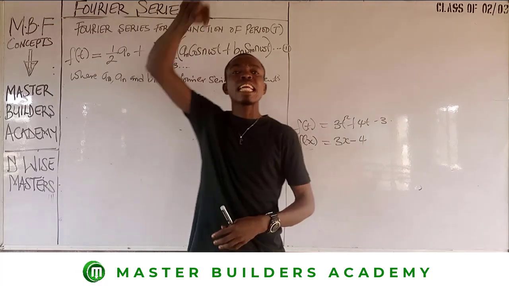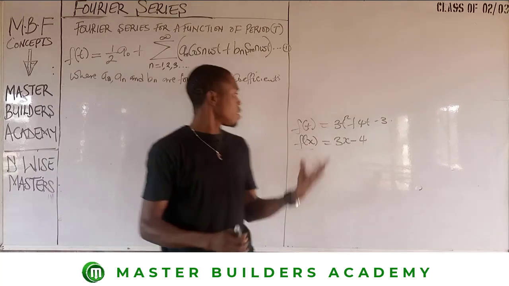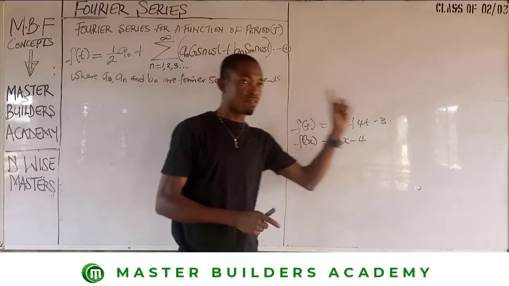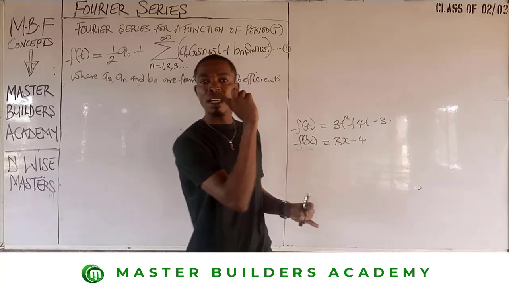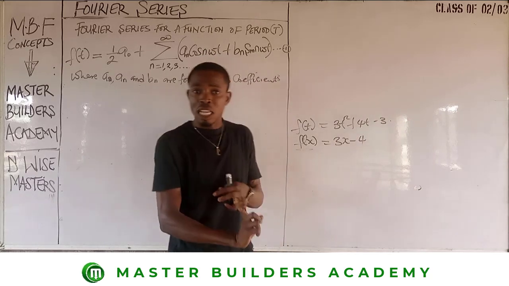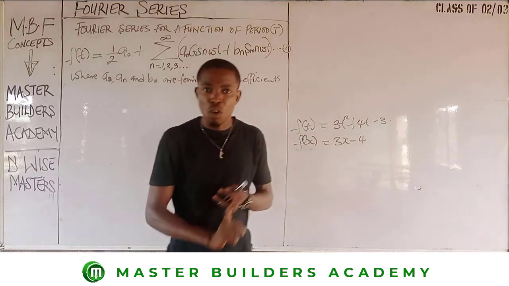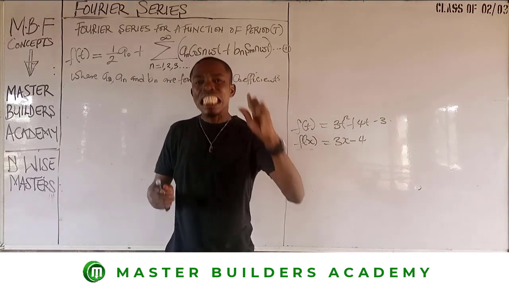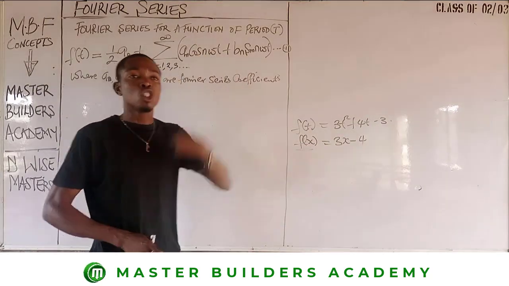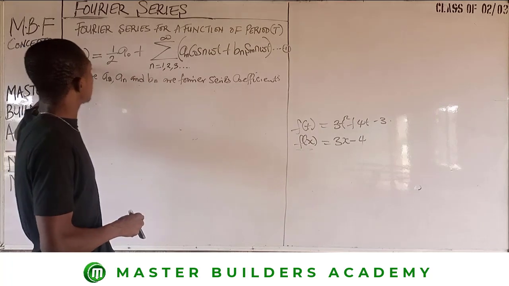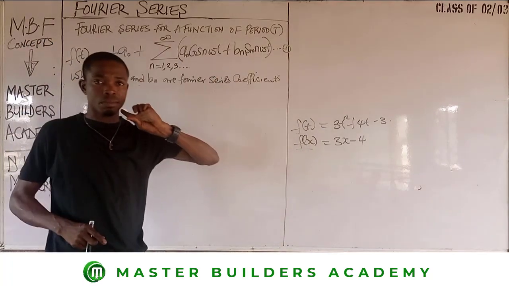Remember that anytime a function of x or a function of t is given, most often in Fourier series, it either falls out to be an odd function, falls out to be an even function, or falls out to be neither even nor odd. So it is when it is neither even nor odd that you make use of this equation.